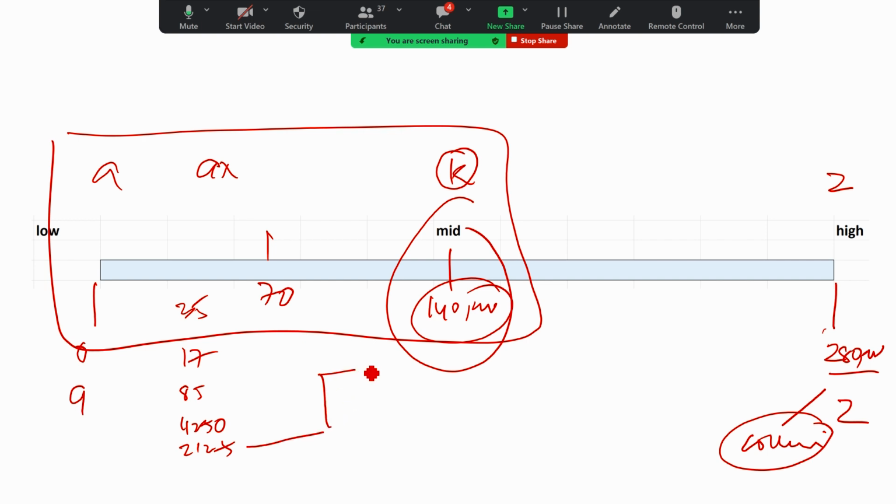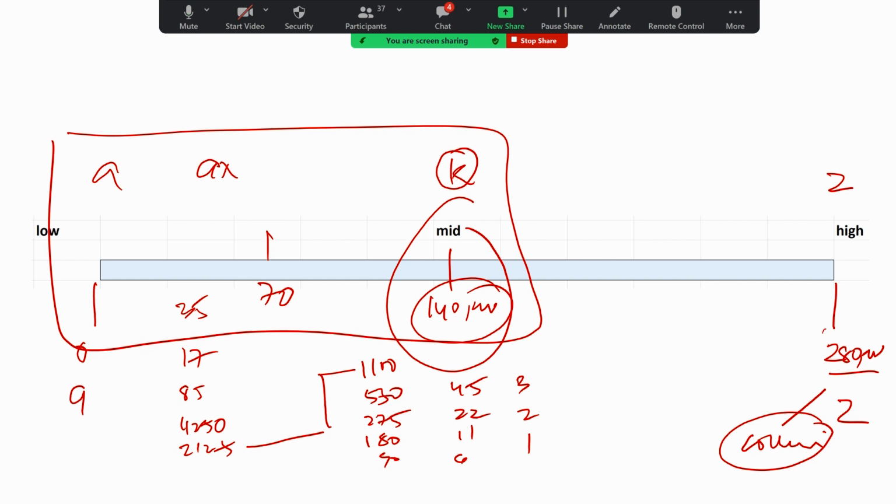Let's say 1,100. Then 550. Then 275. Then 180. Then 90. Then 45, then 22, then 11, then 6, then 3, then 2, then 1.